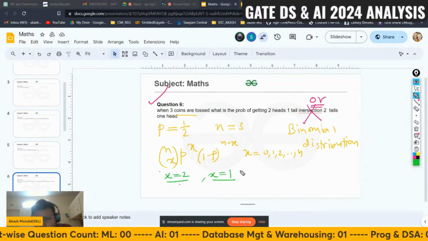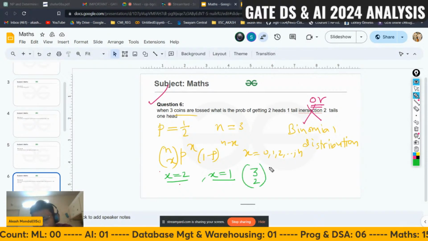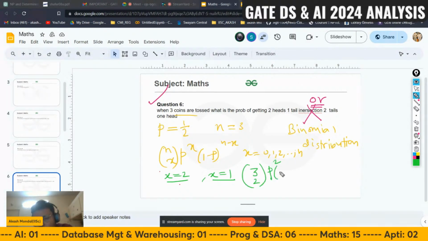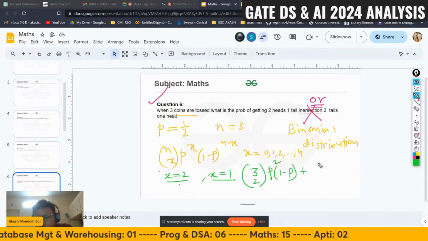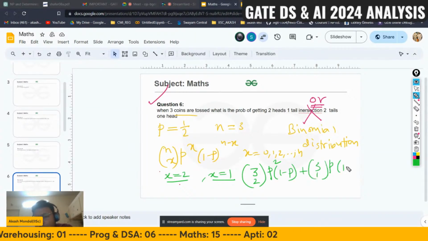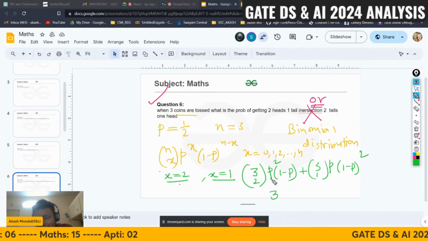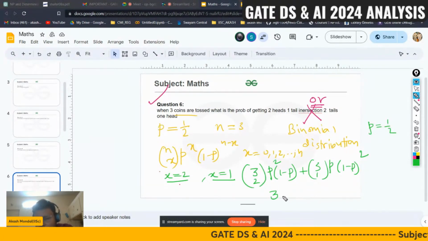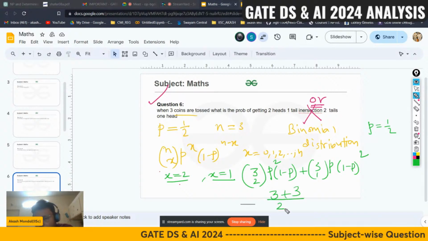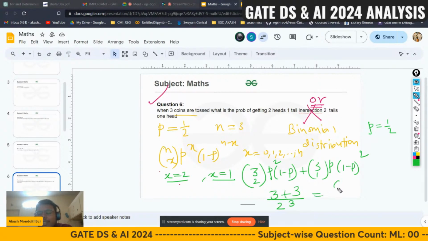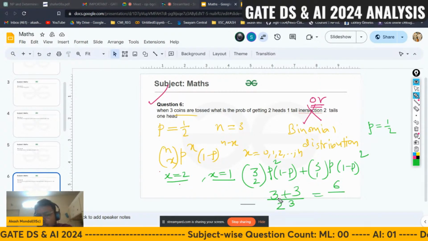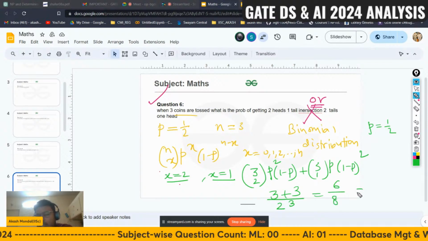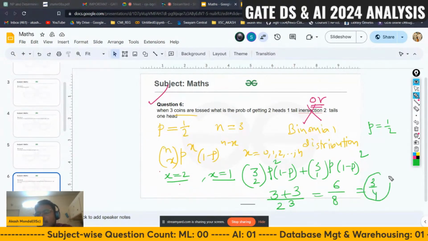So the answer to this question is 3 choose 2 p squared times 1 minus p plus 3 choose 1 p times 1 minus p whole squared. Now 3 choose 2 is 3, and p is nothing but half. So if you substitute, you will get 3 plus 3 by 2 cube. Now this is 6 upon 8, which is nothing but 3 by 4. This is the answer to this question.